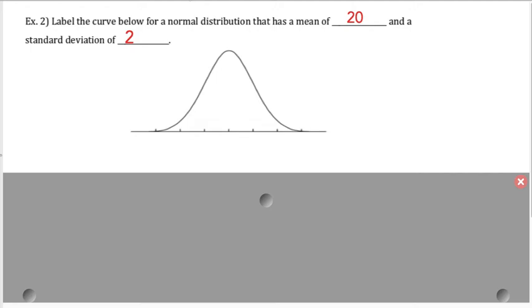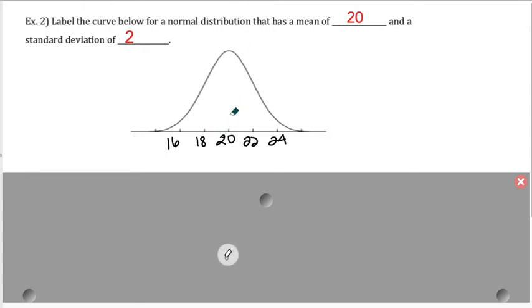And so the first step to do that, we would just simply label 20 in the center, and we add 2 to the right, so then this becomes 22 and 24, and we subtract 2 to the left, so then this standard deviation is 18 and 16. Remember, the mean is always in the center there, okay?